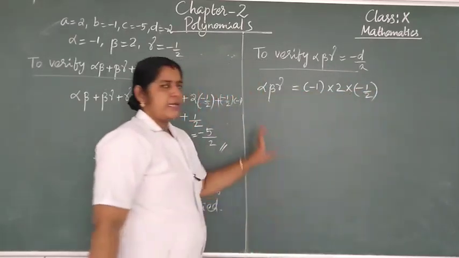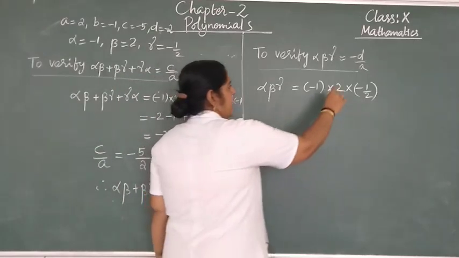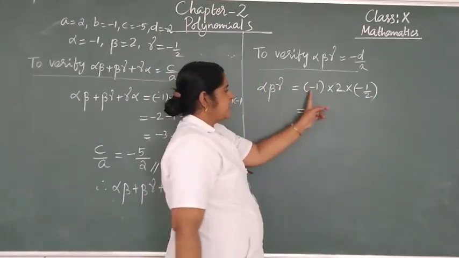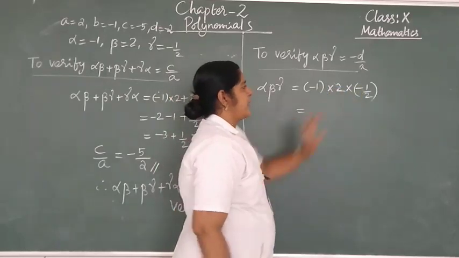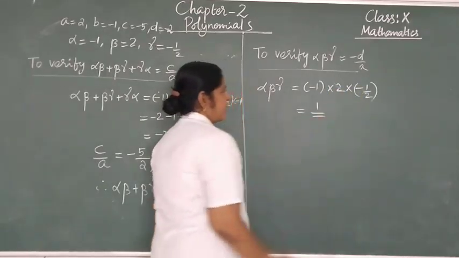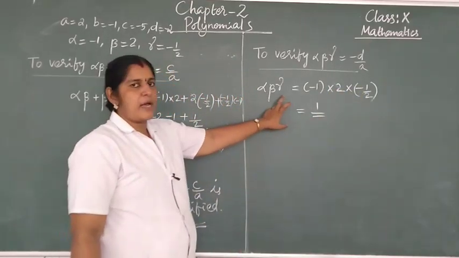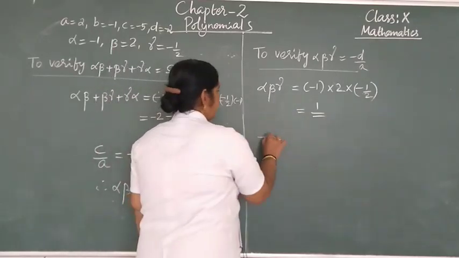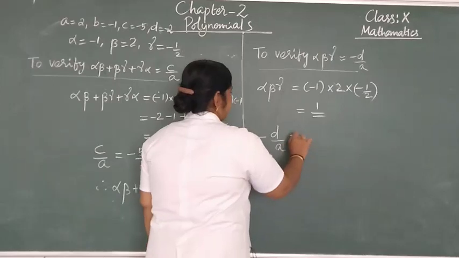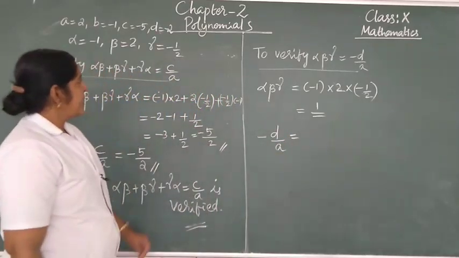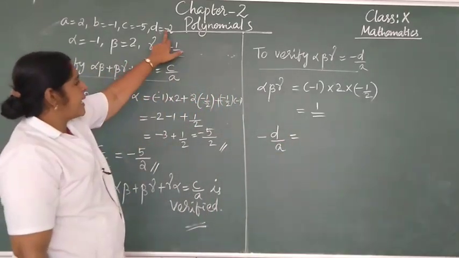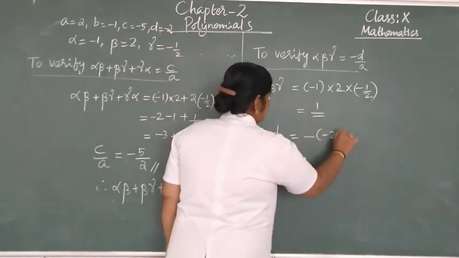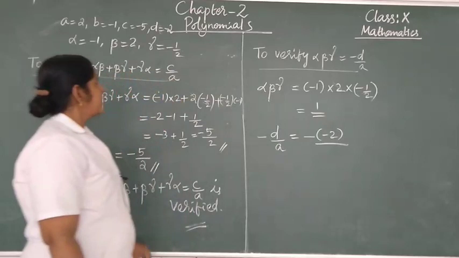Now multiply the 3 zeros. Here you can cancel this 2 and 2, so that minus 1 into minus 1 becomes plus 1. So therefore alpha beta gamma we got equal to 1. Now we can find the value of minus D by A. What is minus D by A? D value is minus 2. So that it becomes minus of minus 2 by A. What is A?